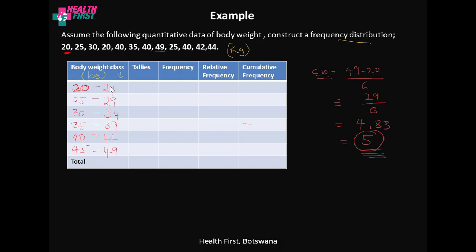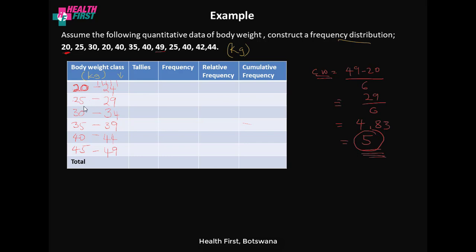If you determine the class width by saying 24 minus 20, this will give you 4. But remember that we start counting from 20, so this class width includes 20. If we go 20, 21, 22, 23, 24, you see that we have 1, 2, 3, 4, 5. So our class width is 5.